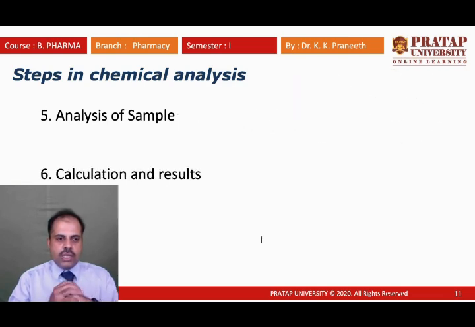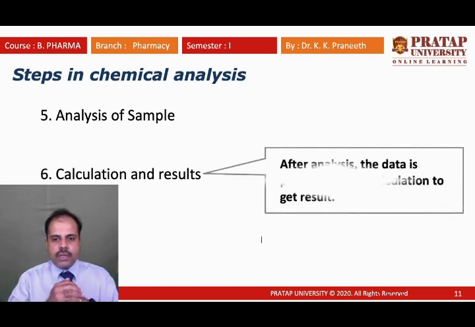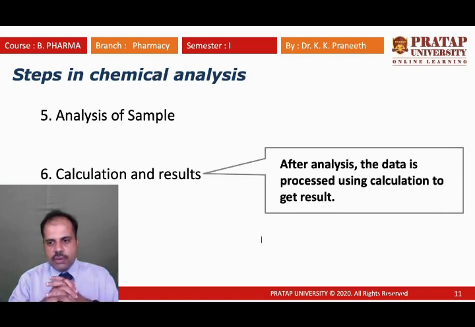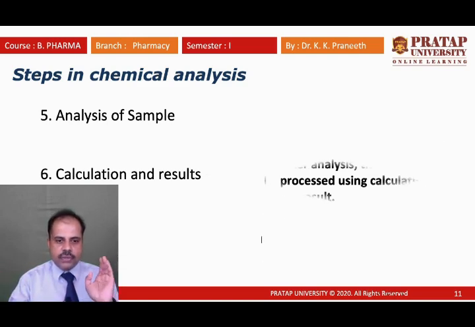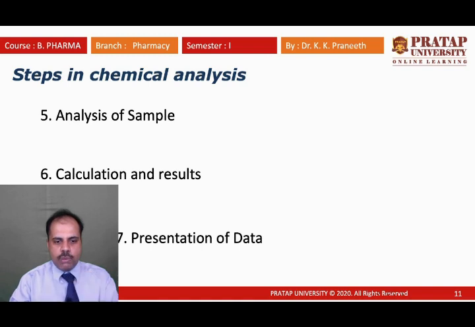The sixth point is calculation and result. So the analyst will, after analyzing the sample, process the data by calculation, either through a computer or simple calculation using a calculator, and then he will get results. These results are finally tabulated, right? This result should be tabulated.